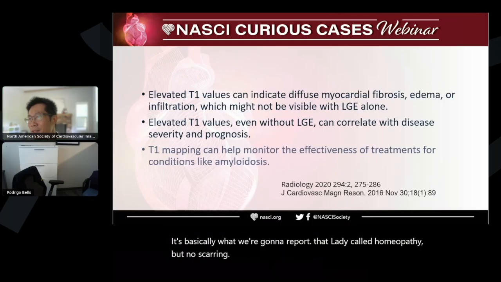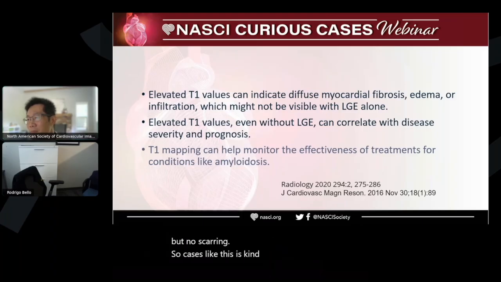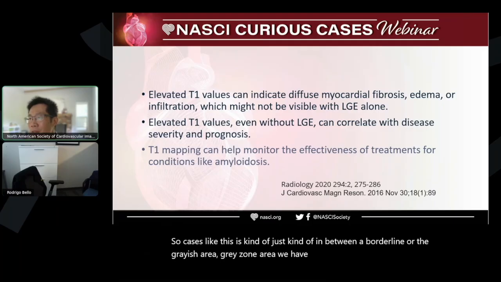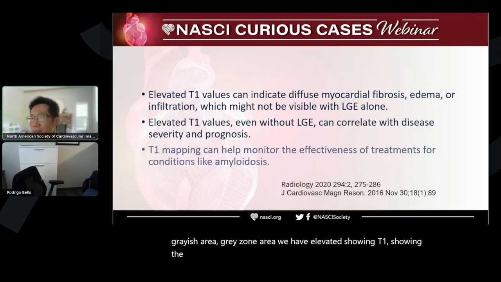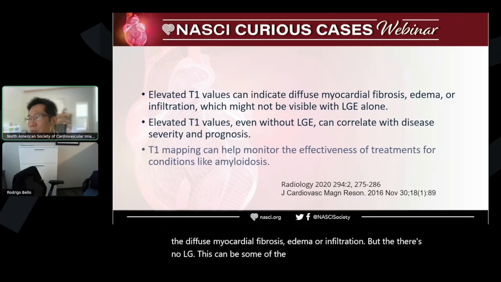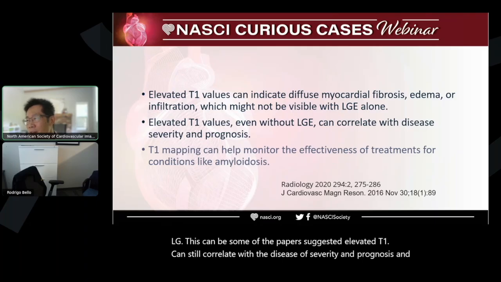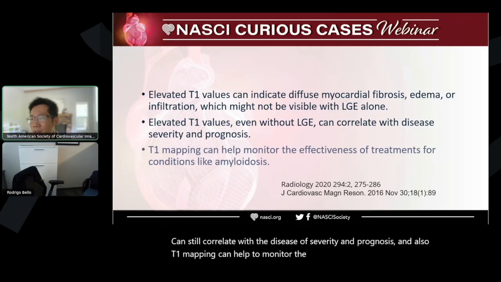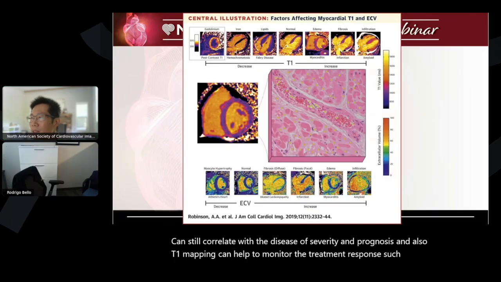Cases like this are in between, a borderline or gray zone area. We have elevated T1, showing diffuse myocardial fibrosis, edema or infiltration, but there's no LGE. Some of the papers suggest that elevated T1 can still correlate with disease severity and prognosis, and T1 mapping can also help monitor treatment response, such as in patients with amyloidosis.